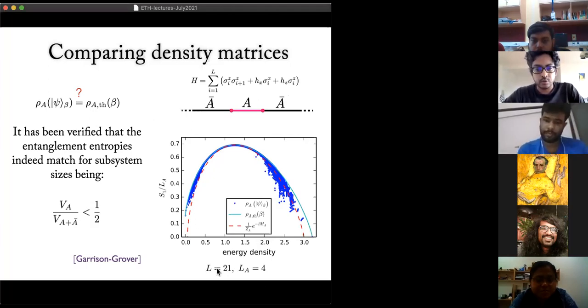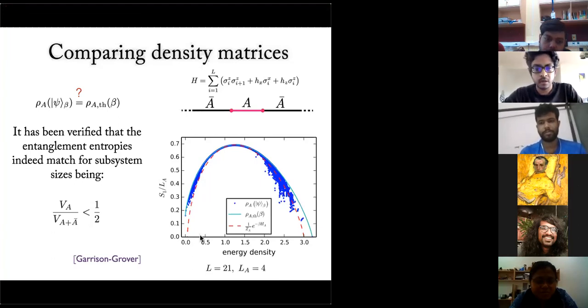So this was performed as a numerical exercise, with 21 lattice sites and a subsystem size of 4, so it's sufficiently small. This is a plot of how the entanglement entropy changes as you tune the energy of the excited state.